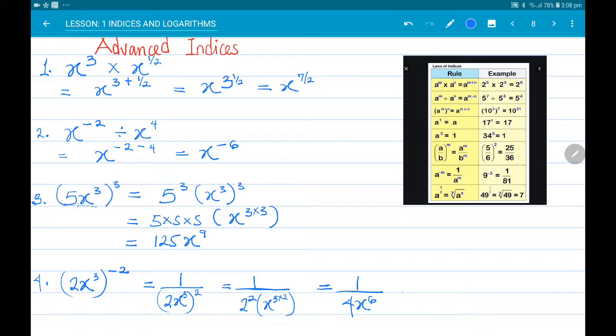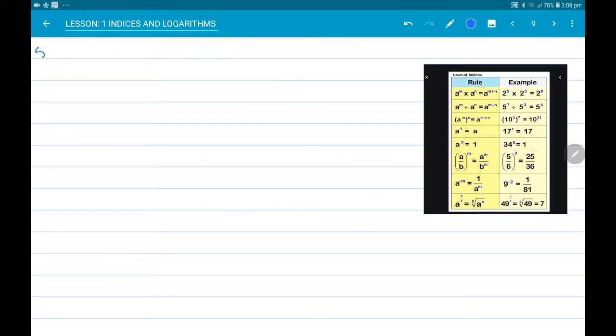Do you get it? So we have 1 over 2 raised to the power of 2, bracket x cubed times 2, which is equal to 1 over 4x raised to the power of 6. And that solved the problem.